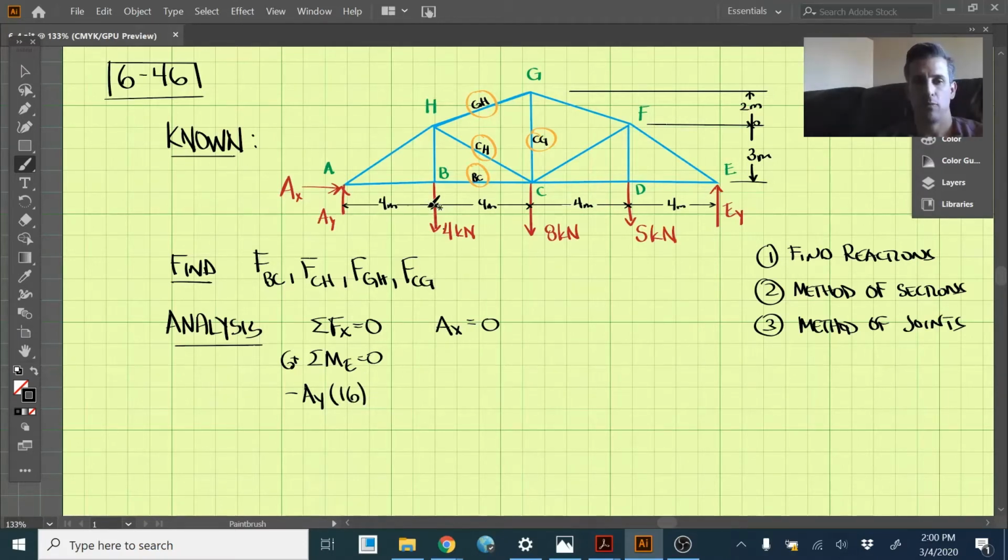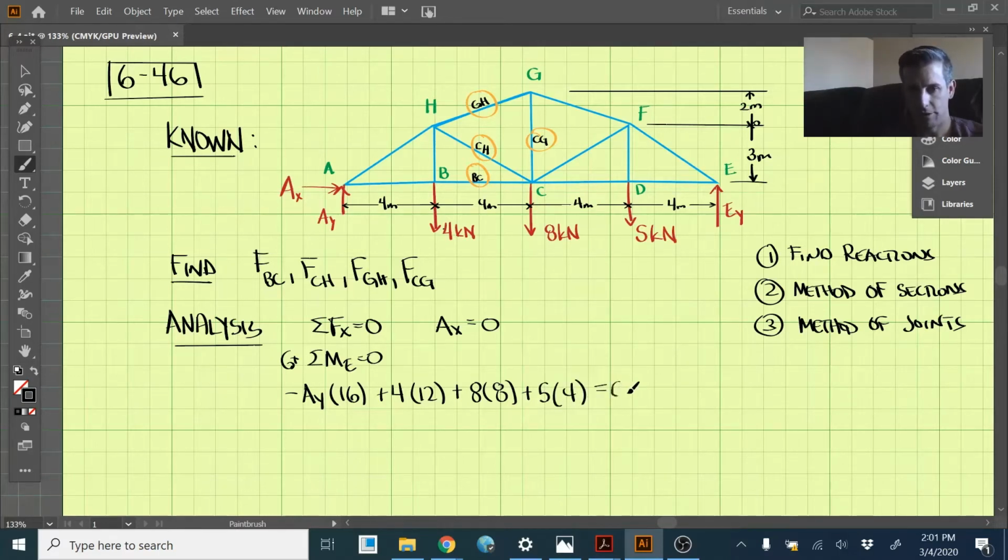And then we'll move down the line here. So we'll have the 4 kilonewton force. That's going to create a counterclockwise moment, which should be positive there. And the distance it's acting away is 12. And then 8 counterclockwise, and that is acting a distance of 8 away. And then we have 5 kilonewtons acting a distance of 4 meters away.